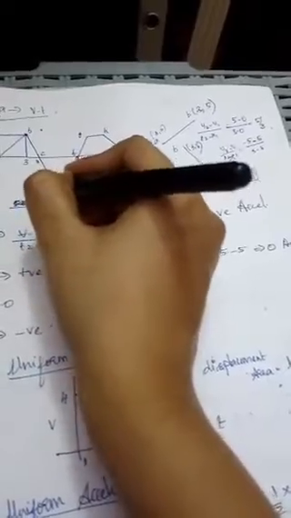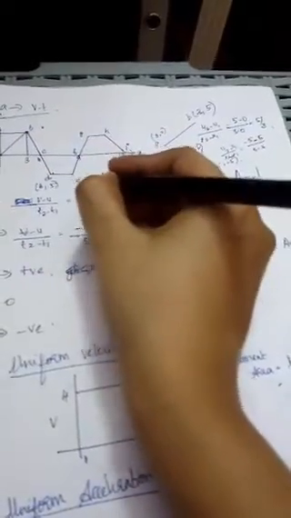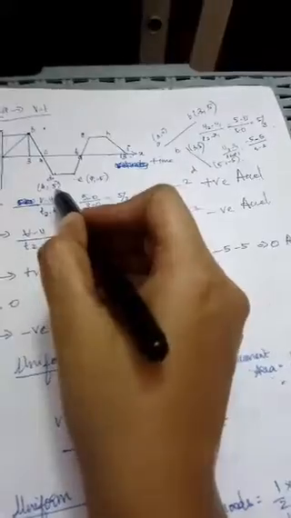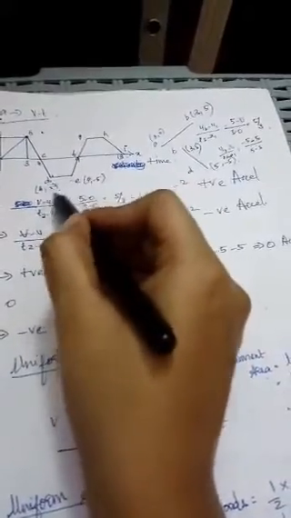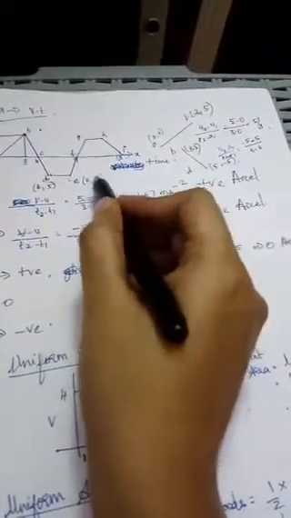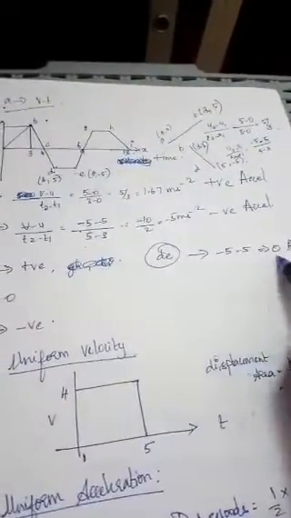Now look at this point. Write your x as 4, minus 5, and for this one 9, minus 5. It clearly shows this minus 5 is not changing. So if I find the value for DE, it will become 0.